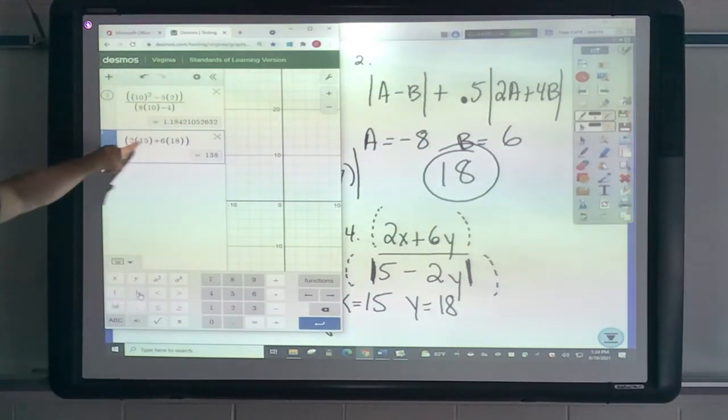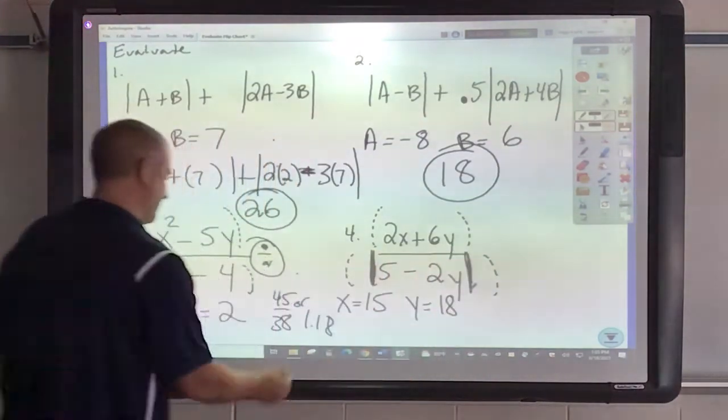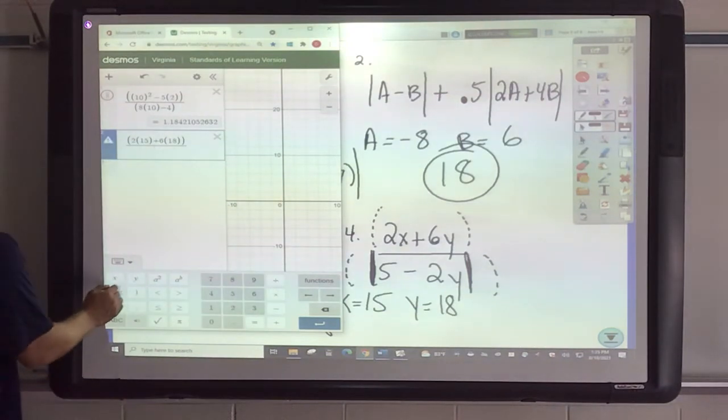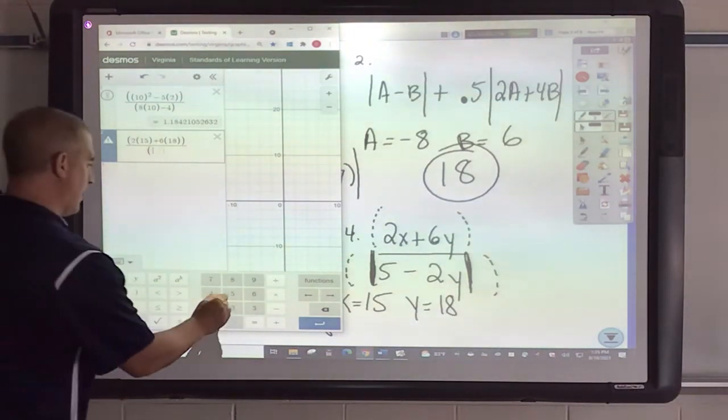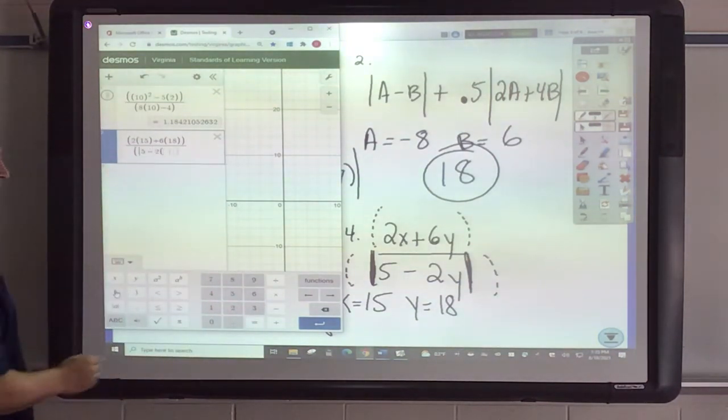So I have the set at the beginning, set at the end, I'm good. Now, this is absolute value, so division. I got to put parentheses and absolute value bars, 5 minus 2, parentheses, what y is, 18, absolute value bars.